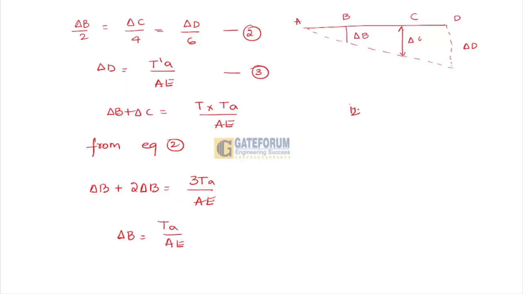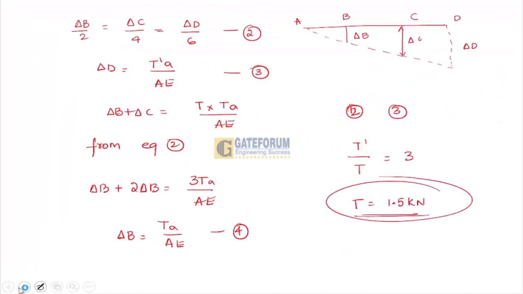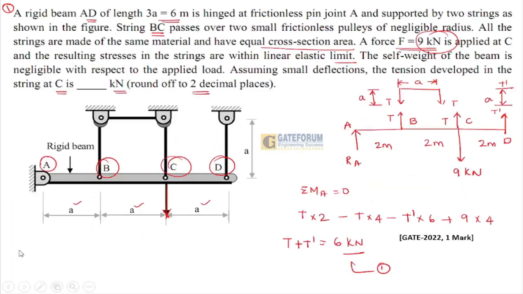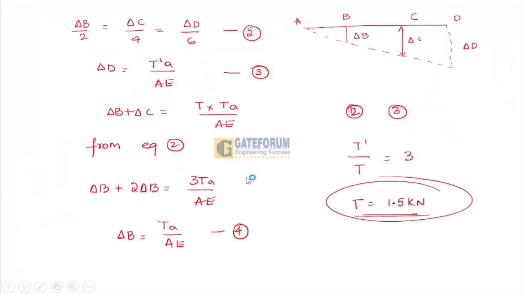So from equation number 2, 3 and a fourth equation, let this be the fourth equation. From 2, 3 and 4, T dash by T is equal to 3. Substitute back this in equation number 1, you will get T is equal to 1.5 kilonewton. This will be the answer for the given question. So he asked dash kilonewton, this will be 1.5 kilonewton. Moving to the next question.